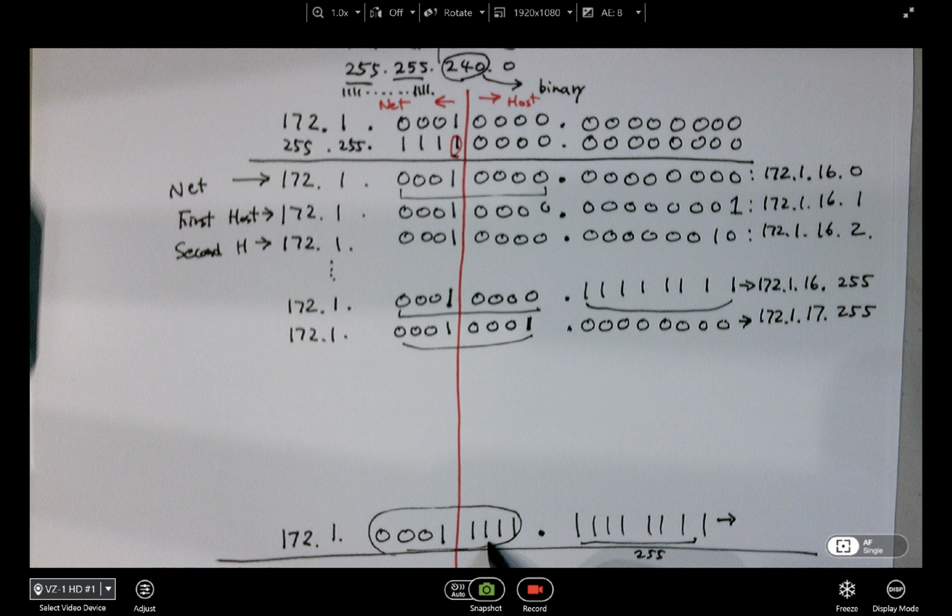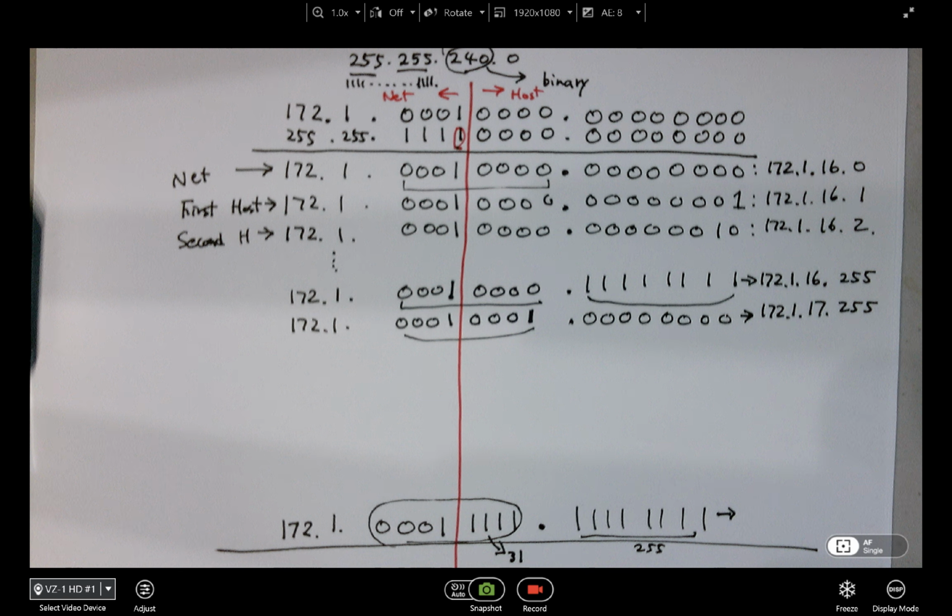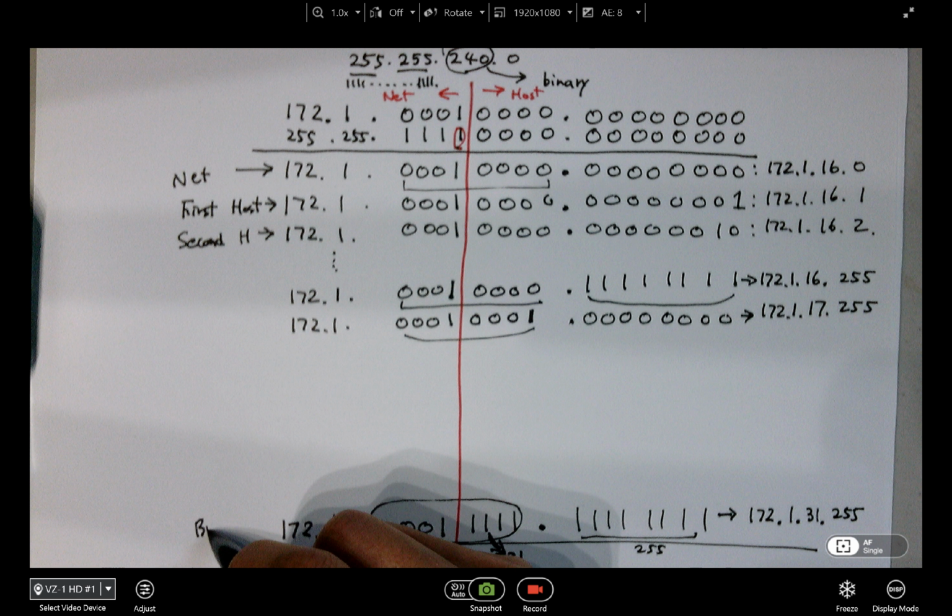So this is a 31, after you convert this binary number to a decimal number. I'm going to skip this process. So the number is 172.1.31.255. So that's the broadcast address.